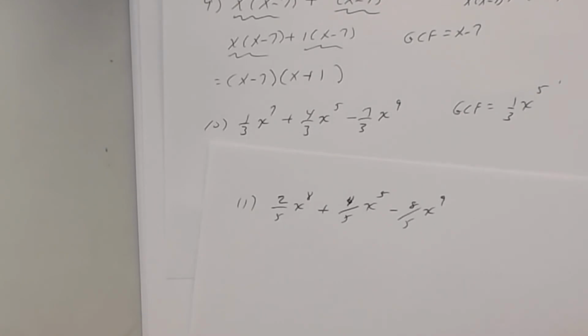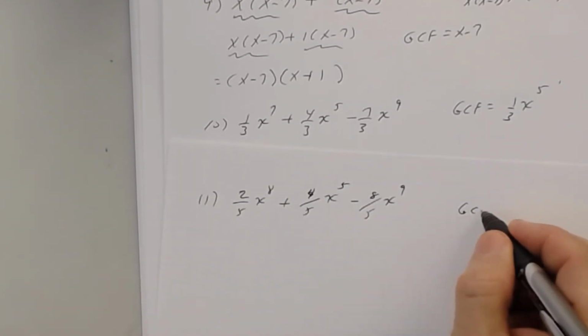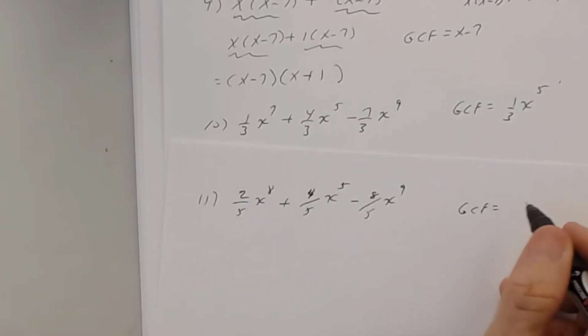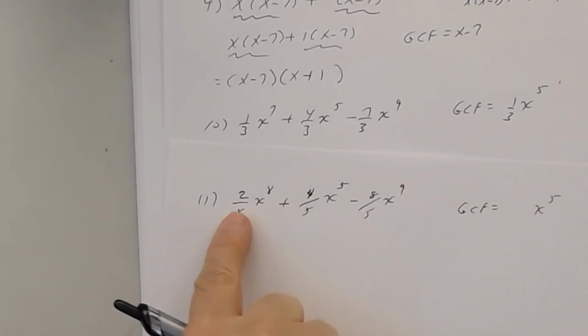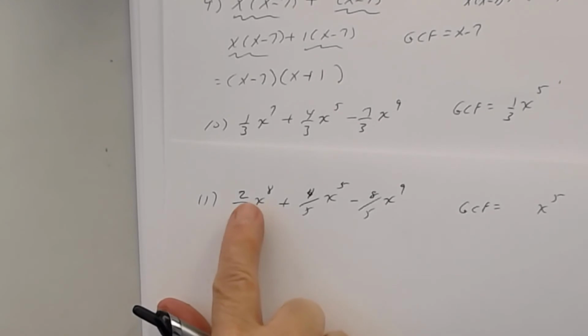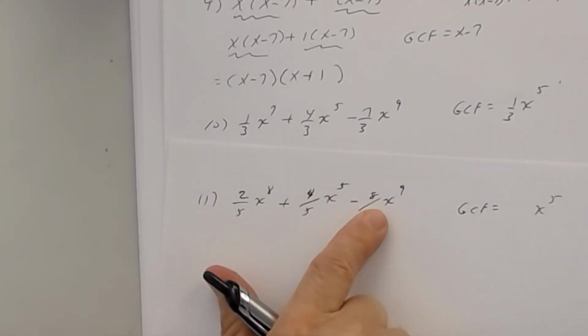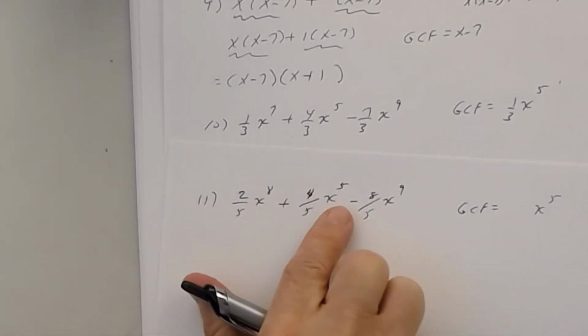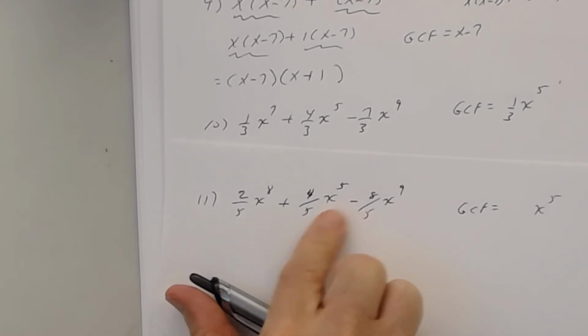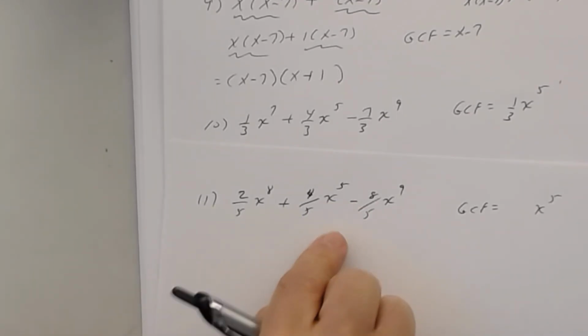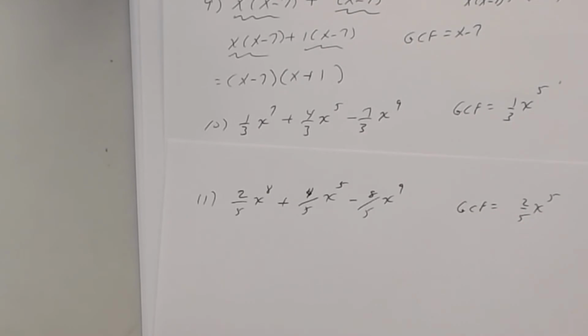Suppose it was that one. In terms of the variables, what's the GCF? Just the variables. X to the 5th. All right, now look at the numbers, the denominators are the same, right? So let's talk about the numerators. 2, 4, and negative 8. What's the GCF of 2, 4, and negative 8? 2. My denominator is 5, so it'll be 2 what? 2/5. So that'll be the GCF.